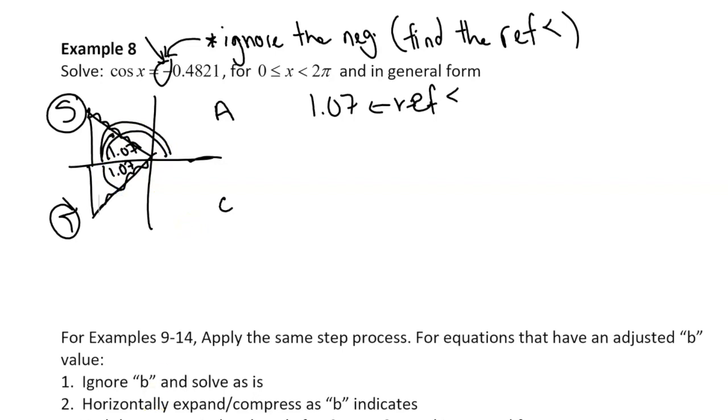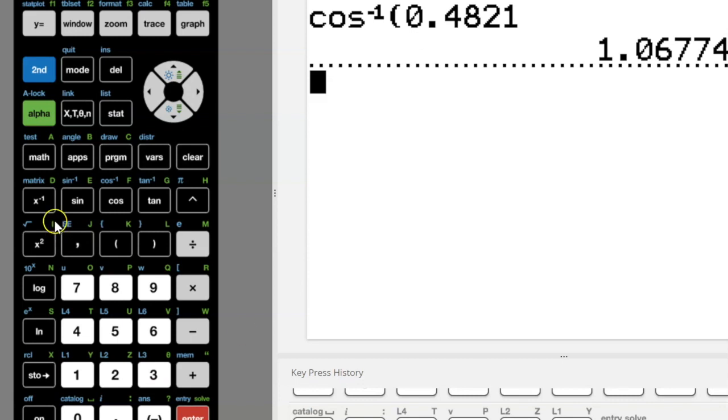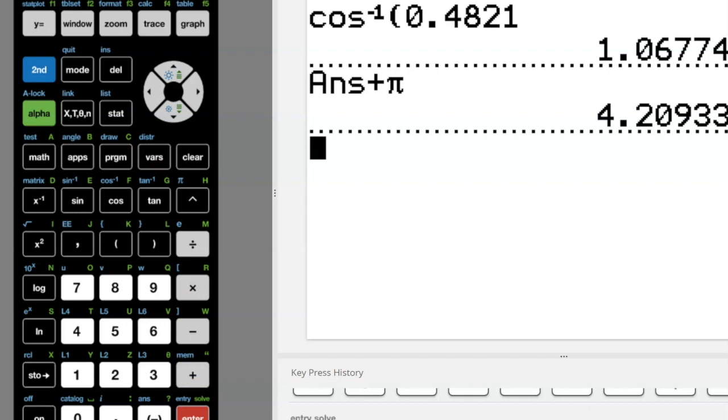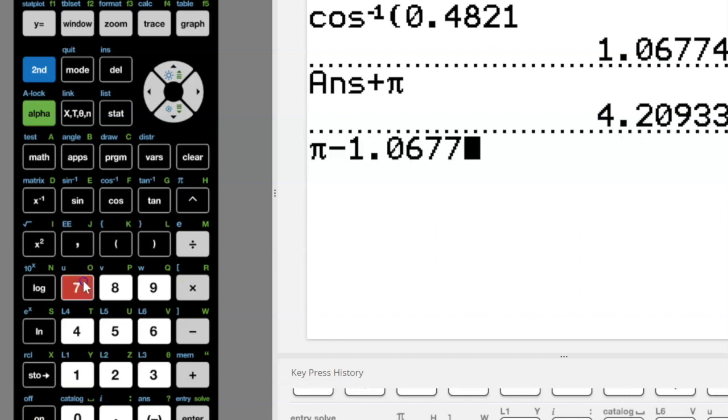And you can even go back to your calculator here, and you could say, okay, there is my reference angle, and I'm going to say it's that plus pi, and I get 4.21 is one of my solutions. And then similarly, I could have said pi subtract the 1.0677.